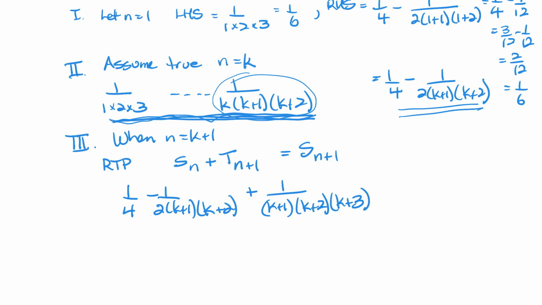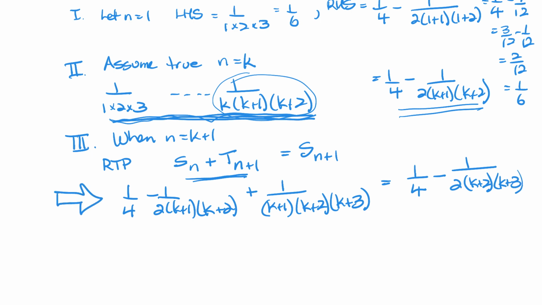And we're going to hopefully prove that that thing on the left-hand side is equal to what the formula says would be the sum of n plus 1 terms. And the formula says that that would be 1 on 2 outside of k plus 1 plus 1, which is that, and k plus 1 plus 2, which is that. So that line gives us the process that we're going to work through. We're going to take what is on the left-hand side, and we're going to show that it equals the thing on the right-hand side, which was our target.